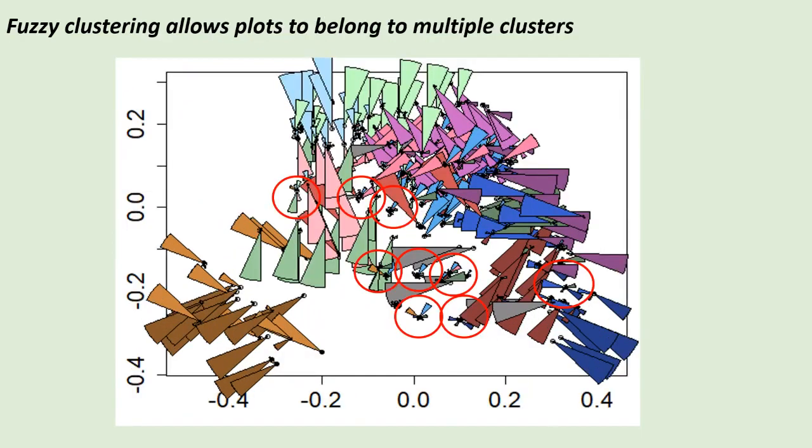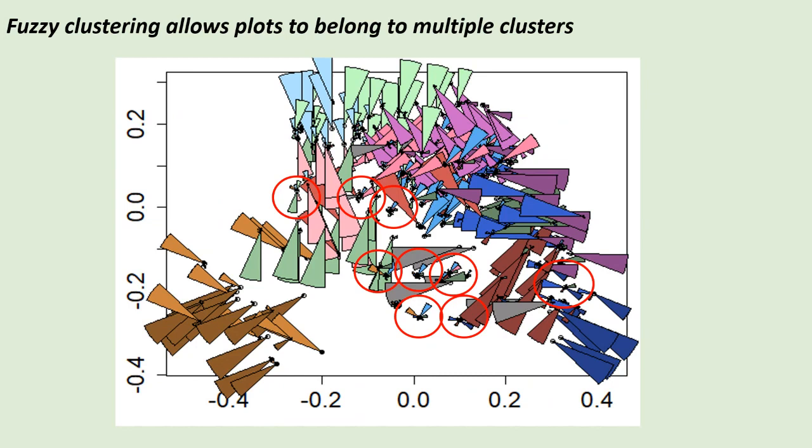What I like about fuzzy cluster analysis is it allows plots to belong to multiple clusters. So when plots are represented by multiple wedges, like those circled in red here, that means that they have an affinity for more than one cluster, or that the clustering algorithm could not decide where to stick these plots.